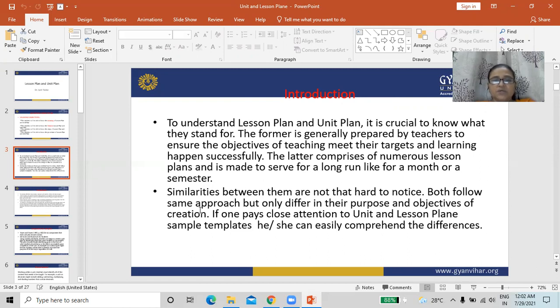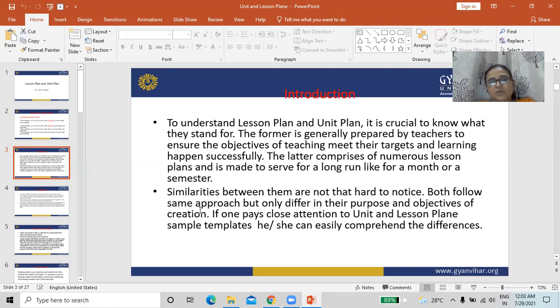Similarity between them is not that hard to notice, but they differ in their purpose and objective.